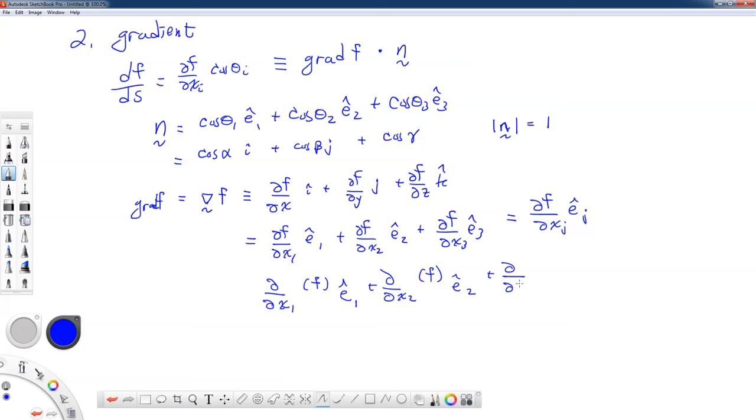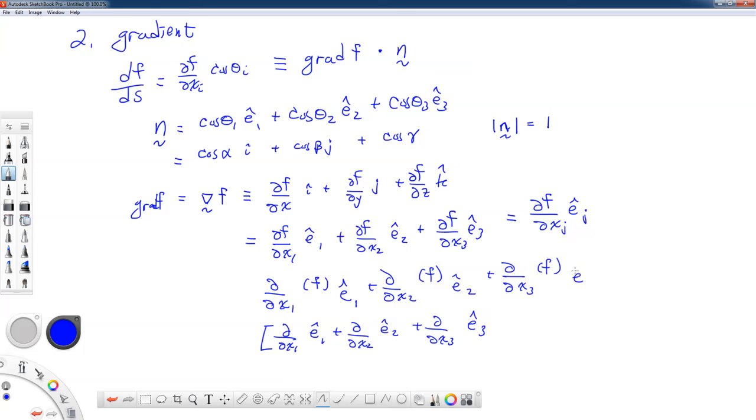See, I'm kind of writing that f out to the side. And so what I can also do then is take that f completely out of this entire operator. So I can have a partial with respect to x1 operating on nothing at the moment in the e hat 1 direction, partial with respect to x2 operating on nothing at the moment in the e hat 2 direction, and the partial with respect to x3 operating on nothing at the moment in the e hat 3 direction.